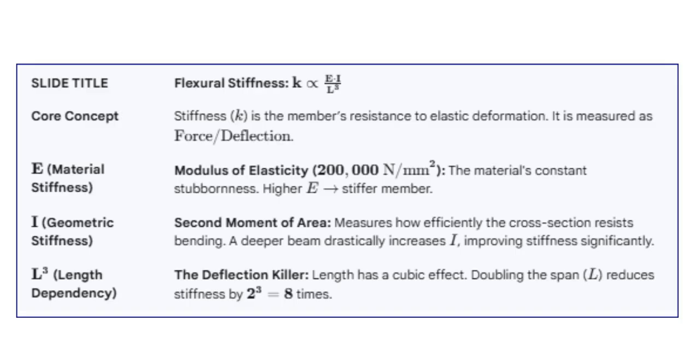The web direction will have more stiffness, because around the center of gravity more area is distributed in the line of bending.